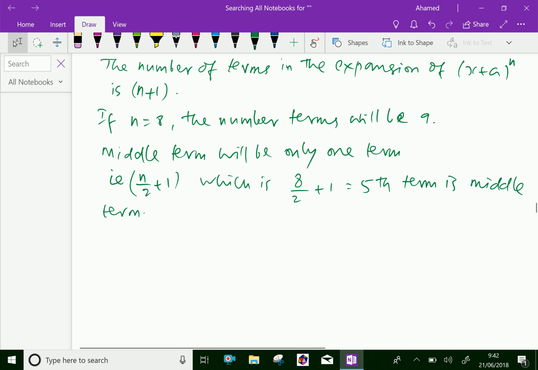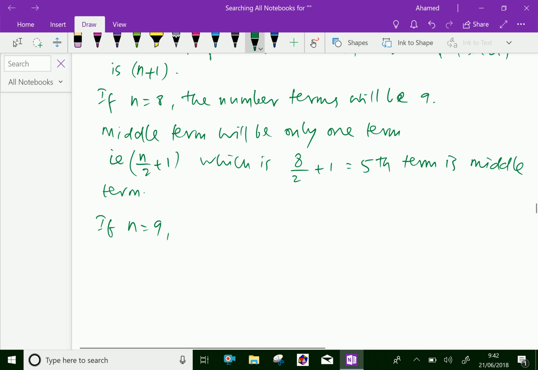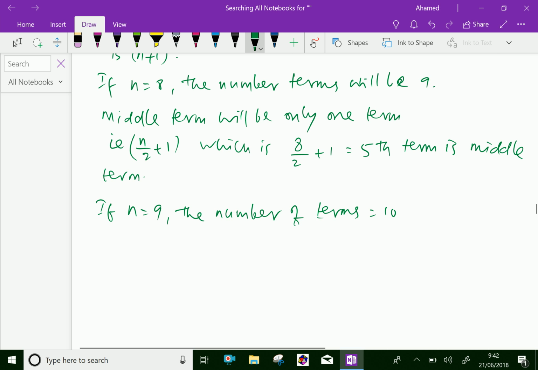Suppose n equals 9, that is an odd number, therefore the number of terms equals 10, and there will be two middle terms.